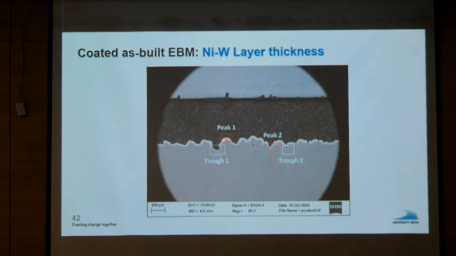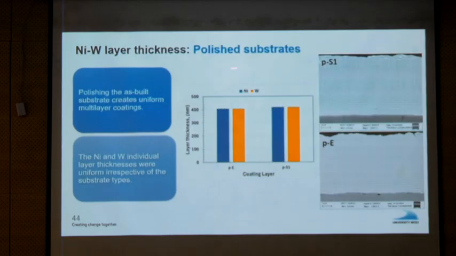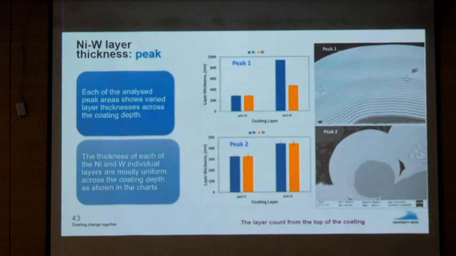But if you look at these peaks and troughs, the thickness of the coating is inherently very different, extremely different. If you zoom in, you get very different thicknesses if you have surfaces like that. But if you polish the substrate, then it doesn't matter if it is EBM, SLM or whatever, you get the same kind of coatings. If you don't do that, it's very different, correct.